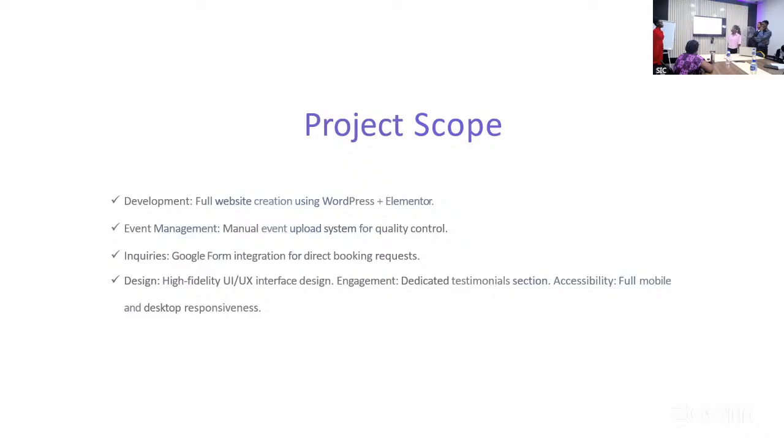For the design, we use a high-fidelity UI/UX interface design. It makes the interface very smooth and easy to access. For engagement, we have testimonial sections with testimonies from people who have booked or registered events with us. For accessibility, our events can run on a mobile phone, a desktop, or a laptop.